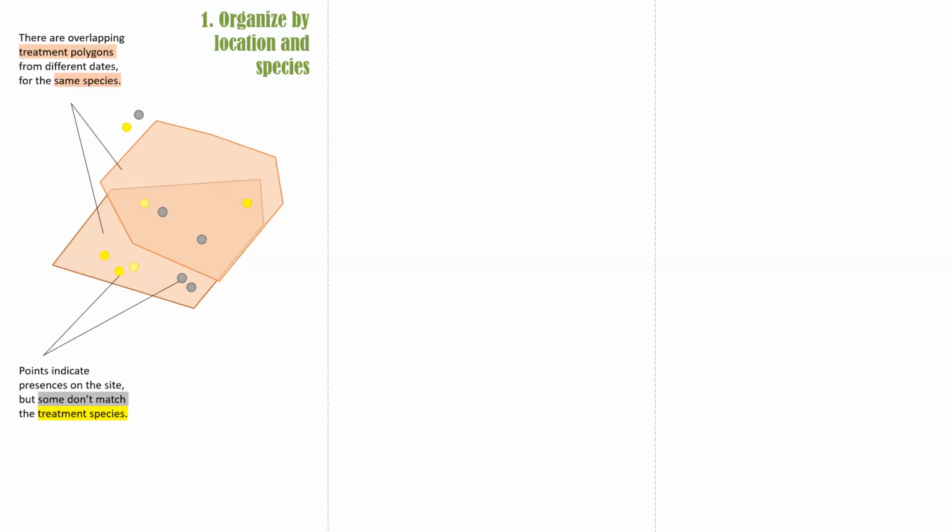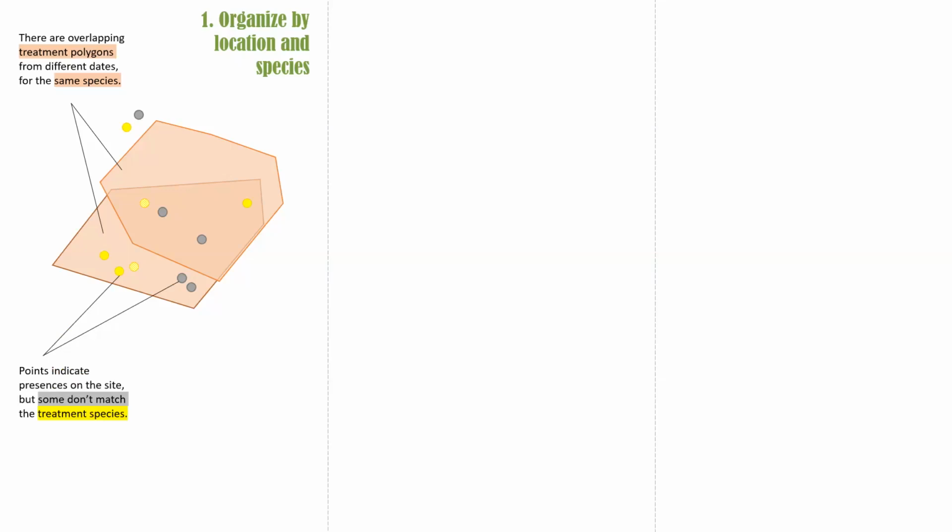Now we have our presence points, which are layered on there. I have two colors, the yellow and the gray, and the gray are species that don't match. So those are species that we need to indicate already. If we were treating knotweed here, and there's Phragmites species present, we're not really worried about that right now.